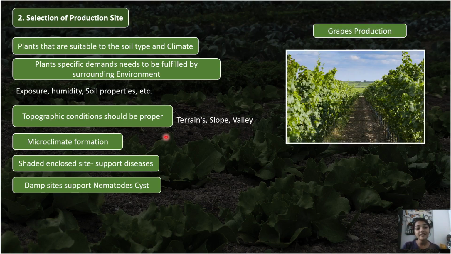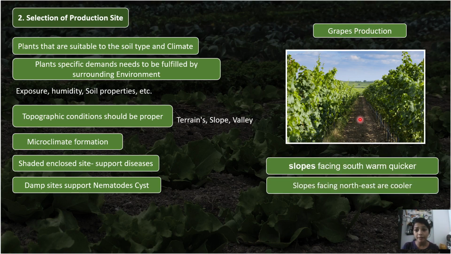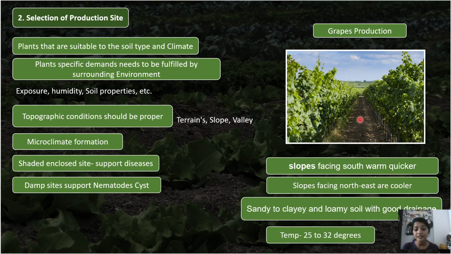Now as I said, topographic conditions or the production site selection is very important. Let us understand this with the example of grapes. Grapes is a plant that has certain environmental requirements, like it needs a temperature of 25 to 30 degrees for good growth.